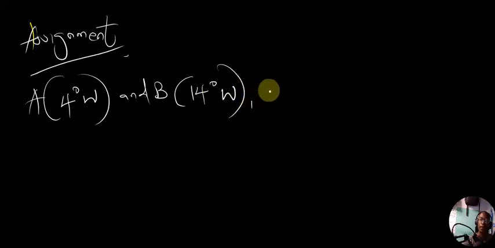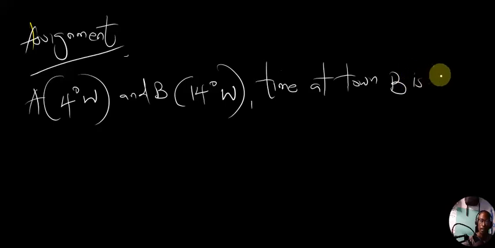But time at town B is exactly 11:56 a.m. So find the time at town A. You'll try that question.